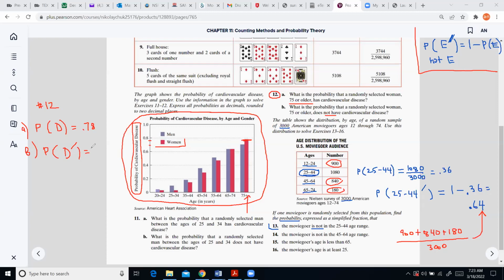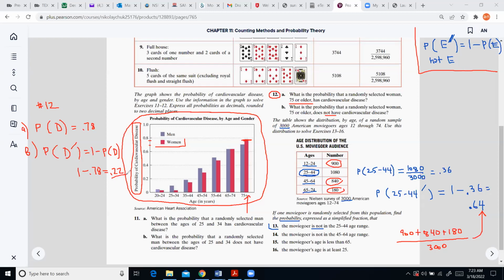So I must subtract from 1 the previous probability that I found. And it looks like we need to use the formula here. So here's an example where it looks like you have to use that formula. And when you subtract from 1, you get 22% or 0.22.